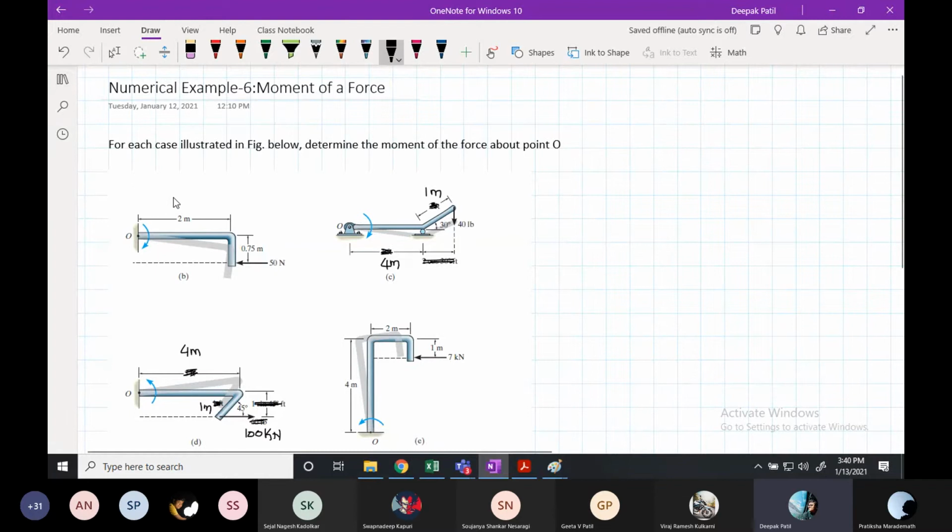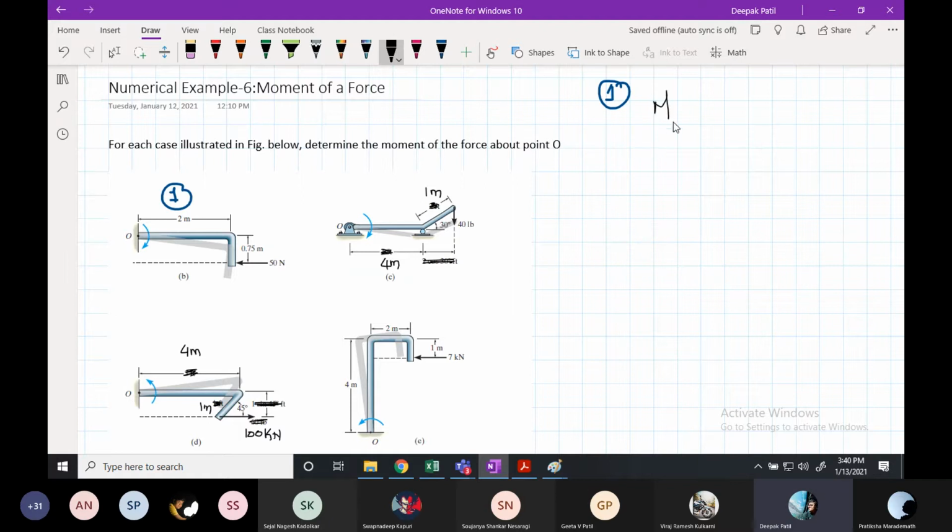Let me take this first case. I will call this the first one. Now what should be the moment produced by 50 at O? Can anybody tell me?